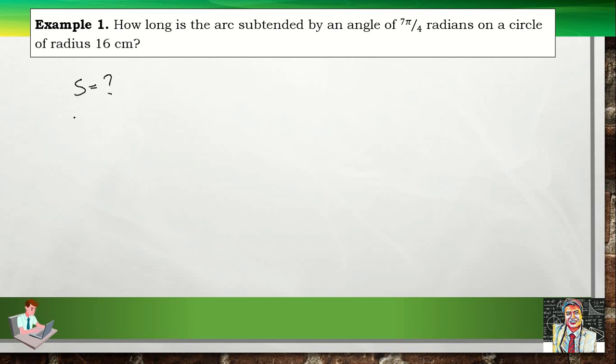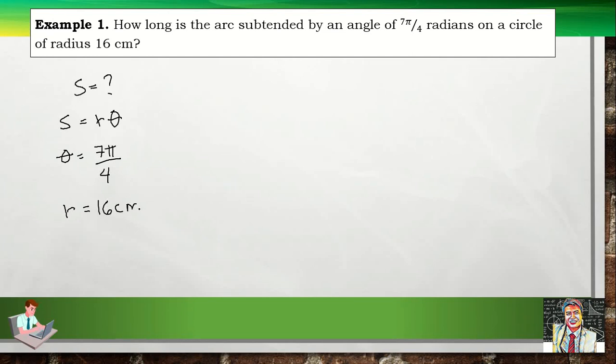The formula for S is equal to R theta, and theta should be in radians, which it already is in our example. Theta is 7 pi over 4 and the radius is 16 cm.